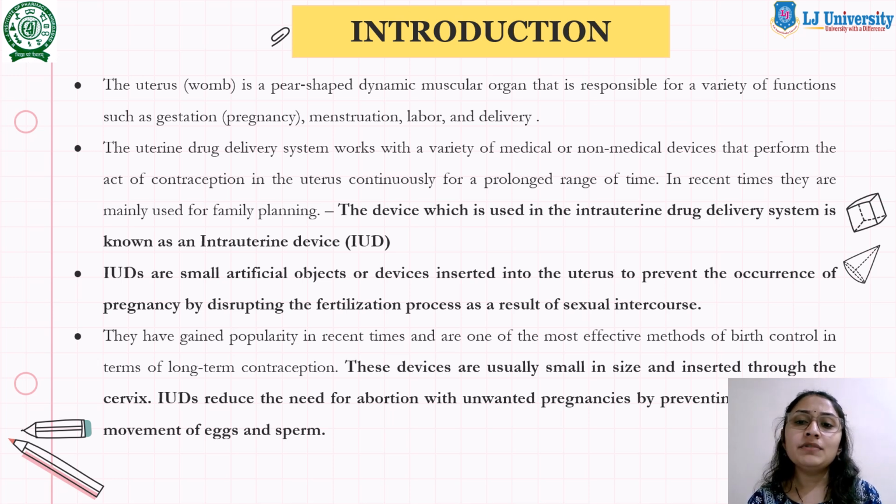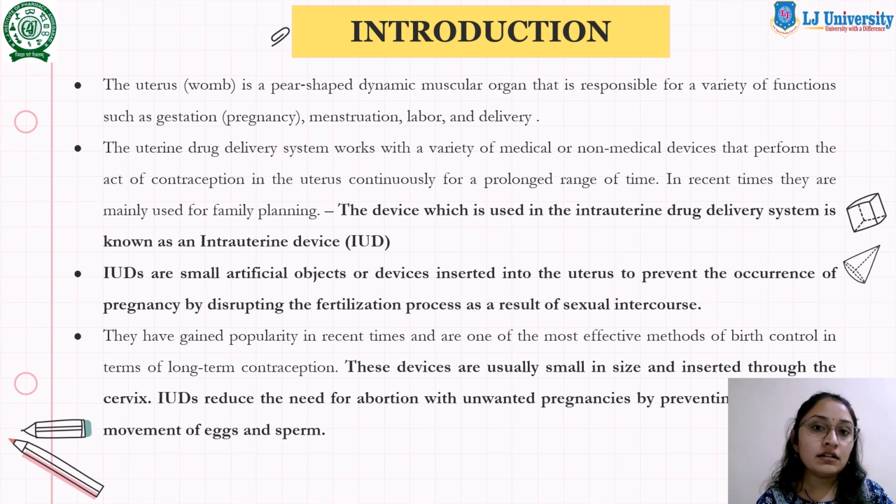Then comes the intrauterine device. The device which is used to cause the contraceptive action and which is to be administered into the uterus is known as an intrauterine device, and they are nothing but artificial objects. They are small artificial objects or devices which are inserted into the uterus to prevent the occurrence of pregnancy.